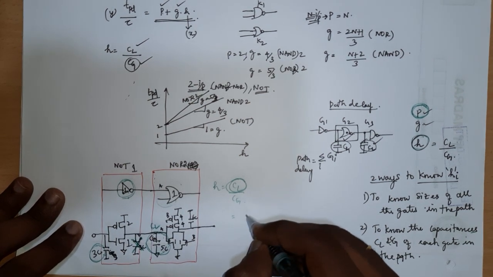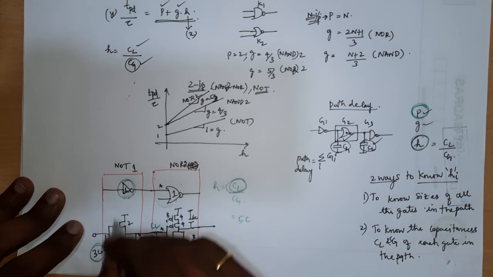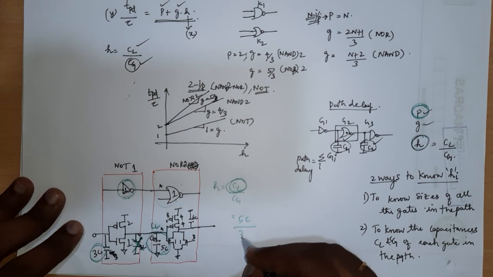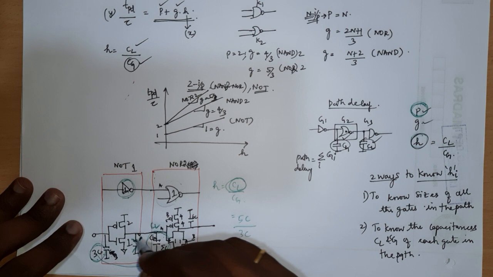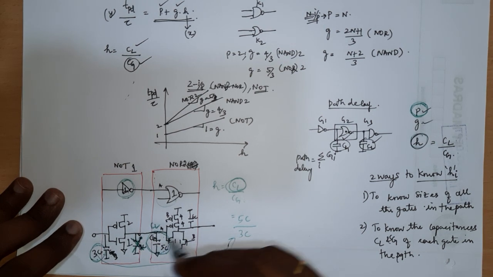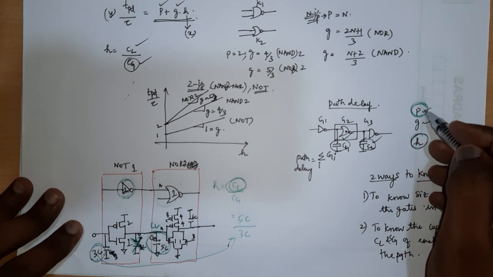So H will be 5C, that is the CL for this gate, divided by 3C. This 3C is coming from the input side. This parasitic capacitance should be neglected, because we do not consider it in H; it is already considered in P for delay calculation.